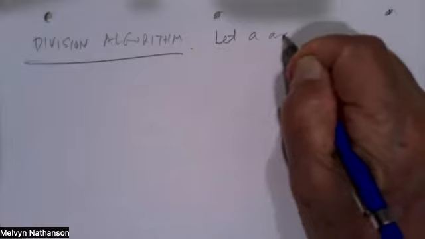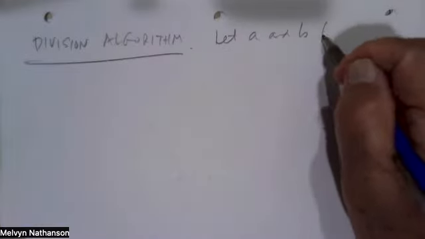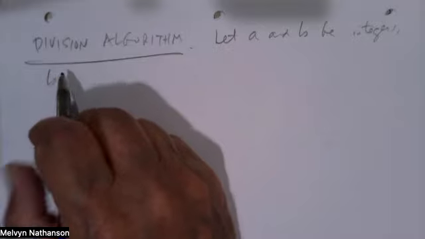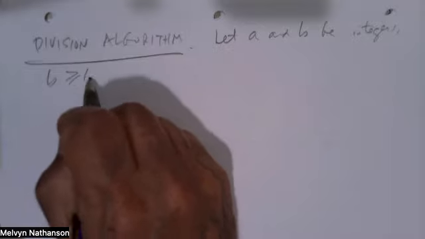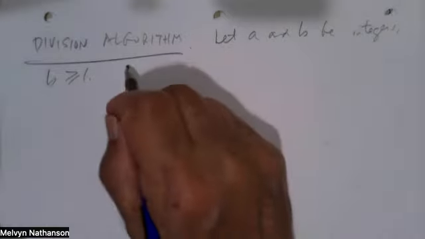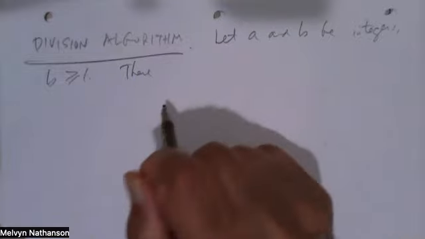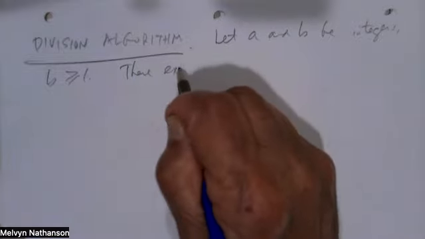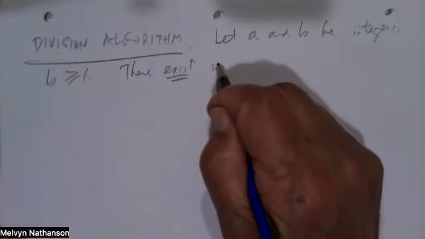Let A and B be integers, and B is positive. So I want to explain how you can divide A by B. So this division algorithm says there exist, so that's an important word, something exists.